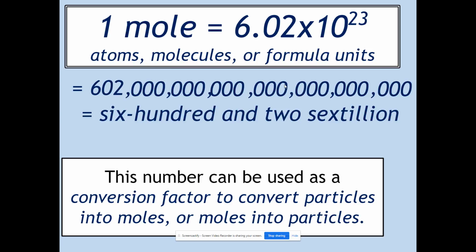Thinking back to our gold bar, if we were to put that under a really powerful atomic microscope and look all the way to the tiniest little substances, this is how many atoms we would need to count. Oh, so many. So thank God Avogadro did that work for us so that we have this number, and all we need to do is the math to convert between particles and moles, or moles to particles.